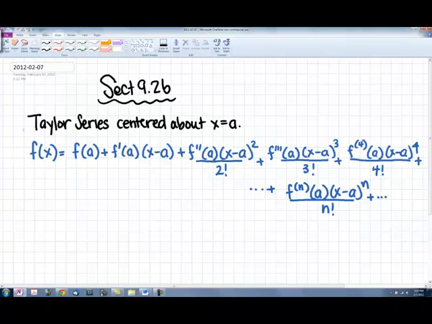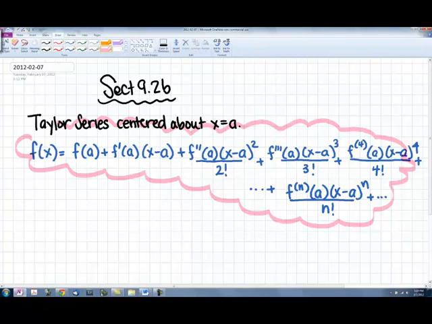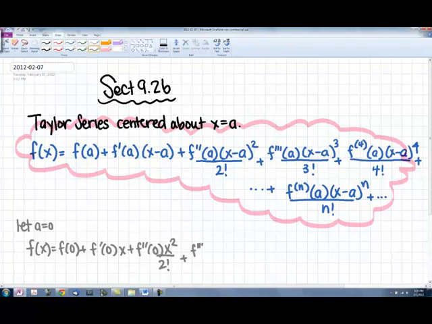Now this is a more general form of the same thing that you learned the day before for Taylor's series centered about x equals 0, because let me write what that one was. If we let a equal 0, we would have f of x equals f of 0 plus f prime of 0 times x plus f double prime of 0 times x squared over 2 factorial plus f triple prime of 0 times x cubed over 3 factorial.